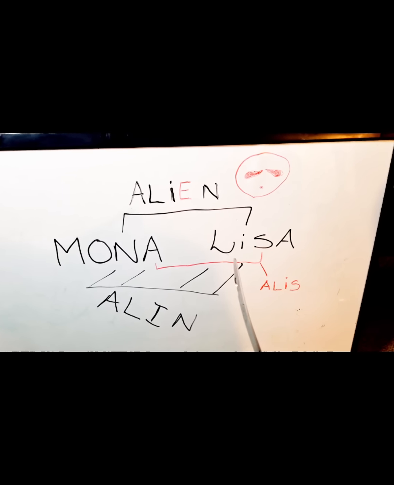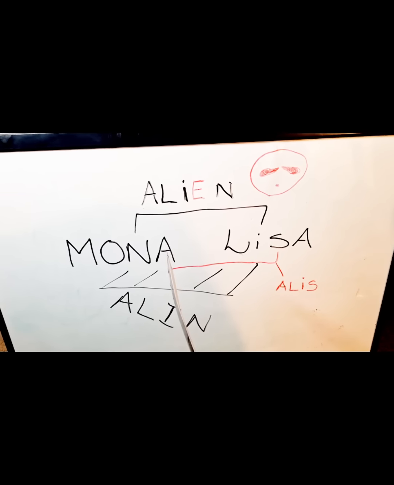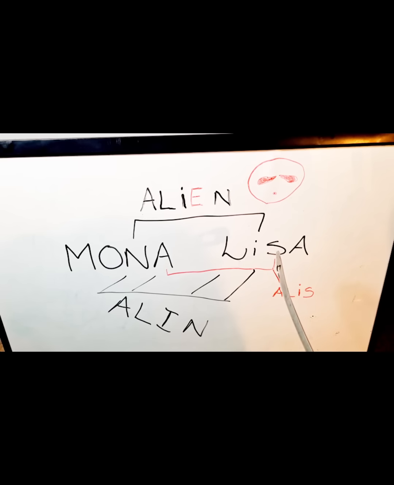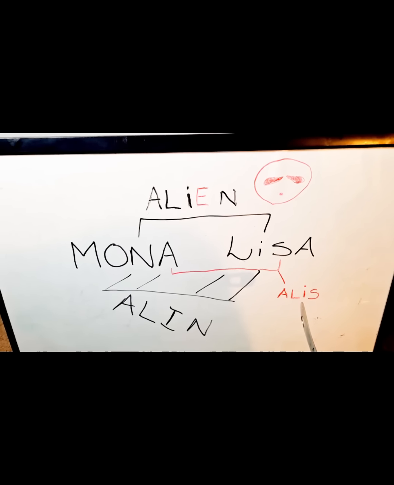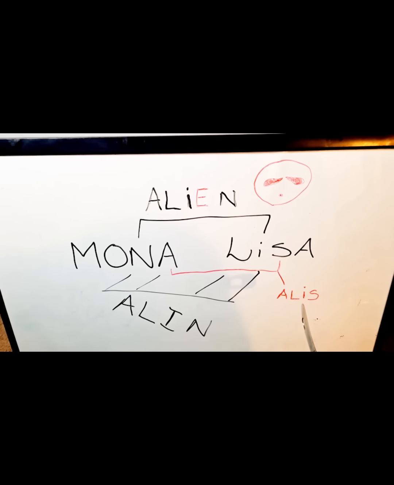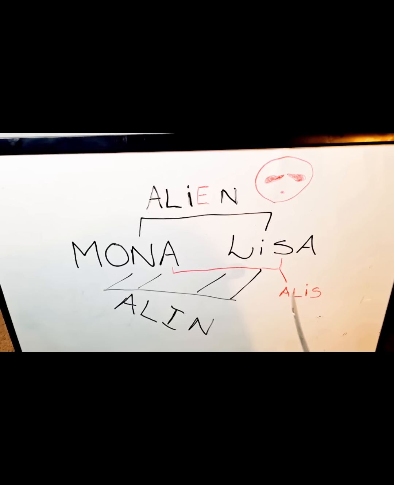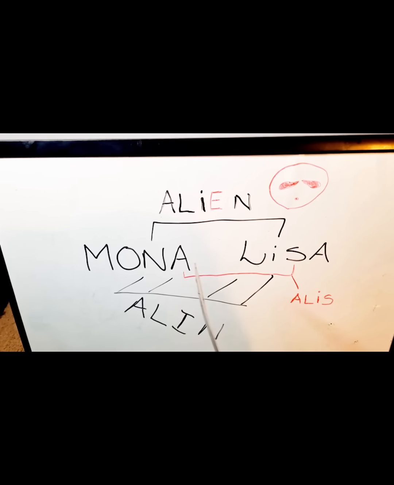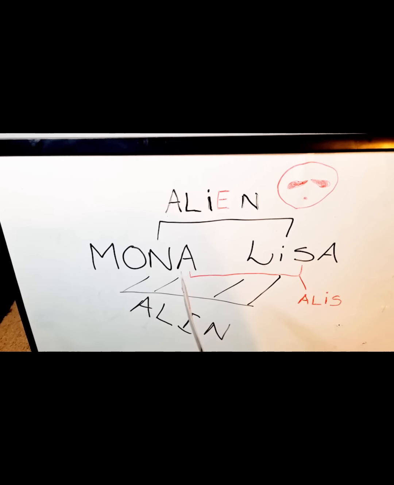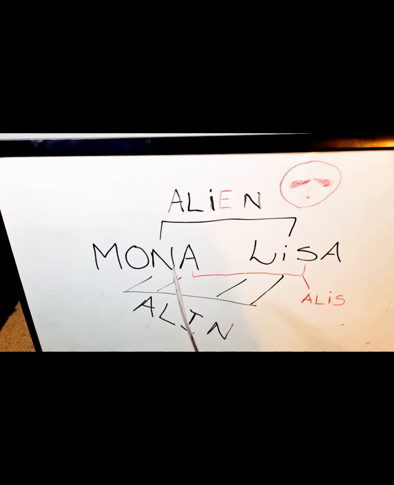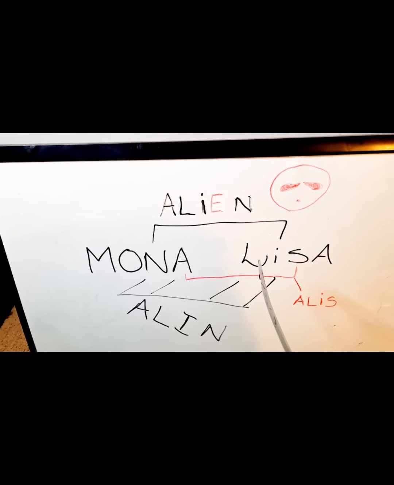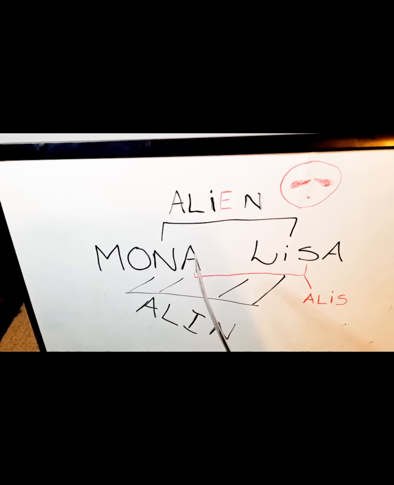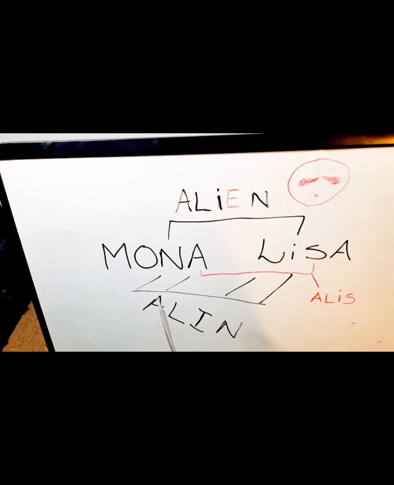So in the word alias, A-L-I-S, remember in the last video, it means noble, of noble lineage. Well, guess what also unscrambles in the word Mona Lisa? So we have A right here.